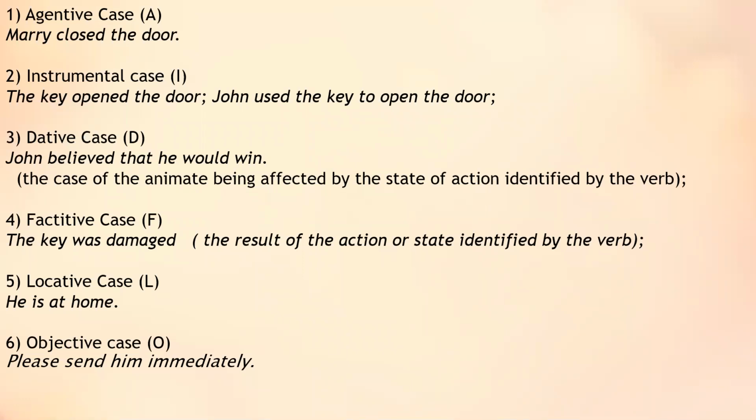An instrumental case, John used the key to open the door, or the key opened the door. And for dative case, the example, John believed that he would win. The case of the animate being affected by the state or action identified by the verb, believed.